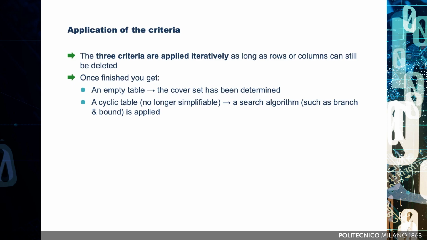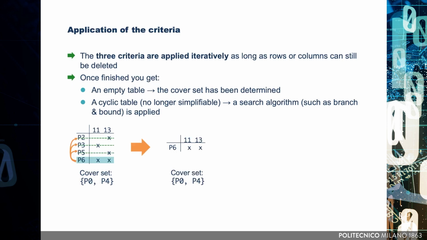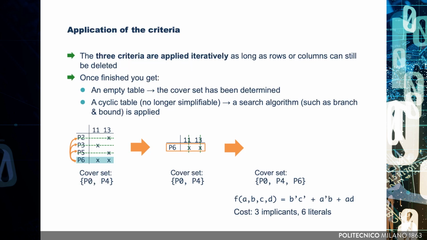In this case, we must apply pseudo-exhaustive search algorithms, such as branch and bound, which we will study in the next video. Let us now wrap up the considered example. We applied the row dominance criterion. We identified a secondary essential prime implicant, and we reached an empty table. At this point, we can write down the final expression representing the optimal solution and compute its associated cost.